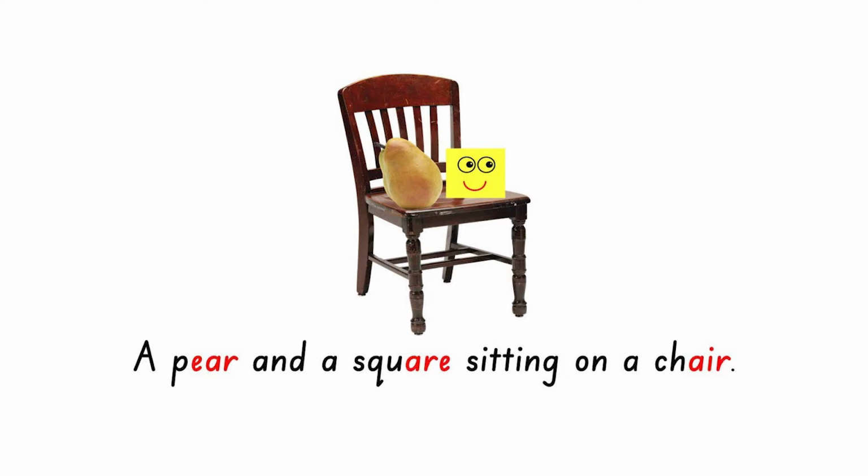This is to help you remember the 3 different graphemes that you might see and use in your spelling when you have the air phoneme. So the pear and a square sitting on a chair. All 3 graphemes in there. Let's get ready to read some words with those 3 graphemes in them. Let's go.